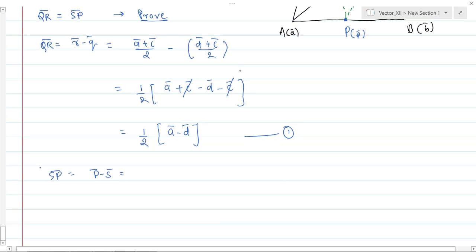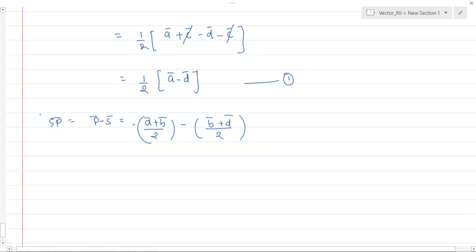It is (A bar plus B bar) by 2 minus (B bar plus D bar) by 2. Okay, so if I take 1 by 2 common on both sides, what I will get is 1 by 2 into (A bar plus B bar minus B bar minus D bar). So B bar cancels. So what is remaining is 1 by 2 (A bar minus D bar).